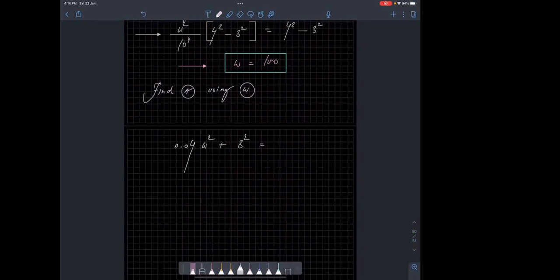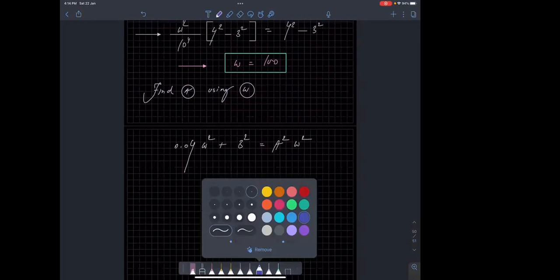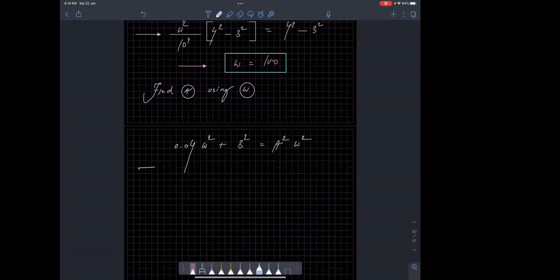Clear? Equals a square omega square, right? What will you get? 0.04 into 10 power 4 plus 3 square equals a square into 10 power 4, right?